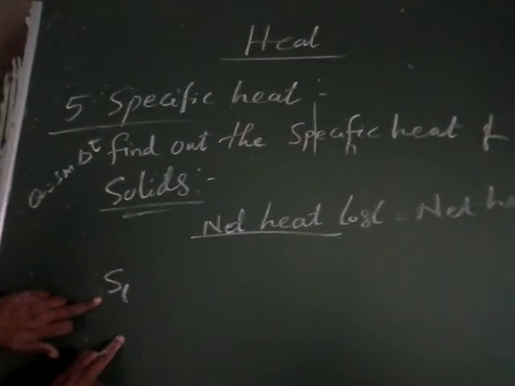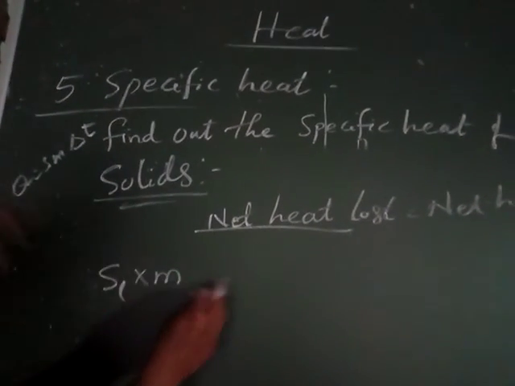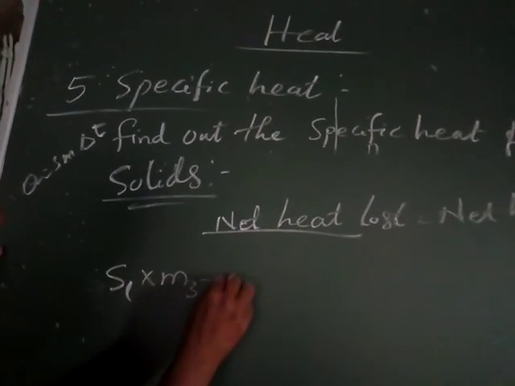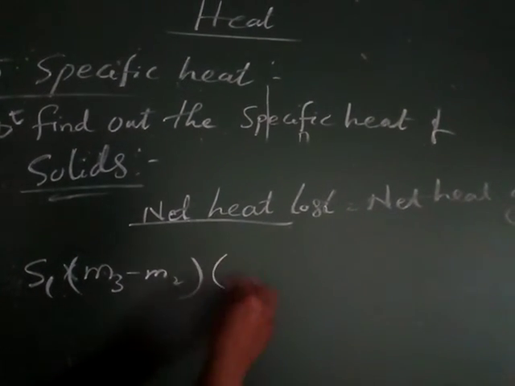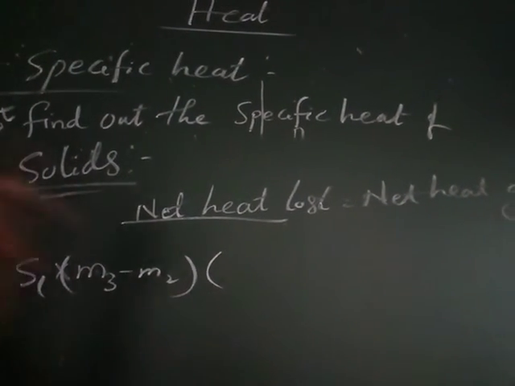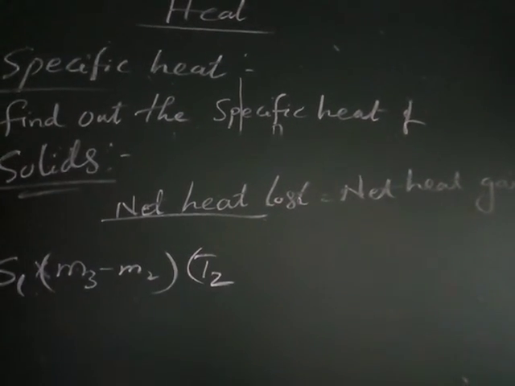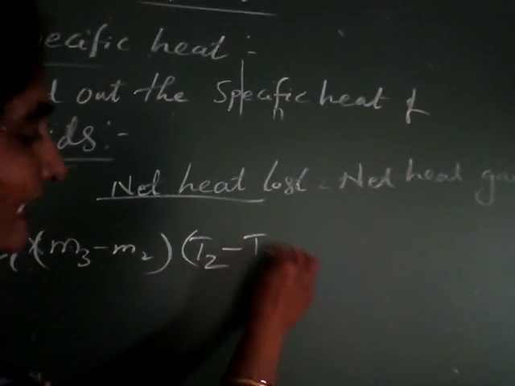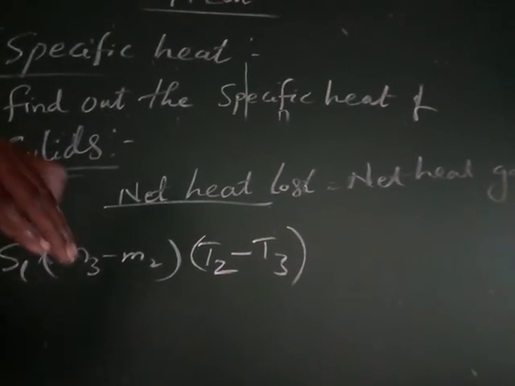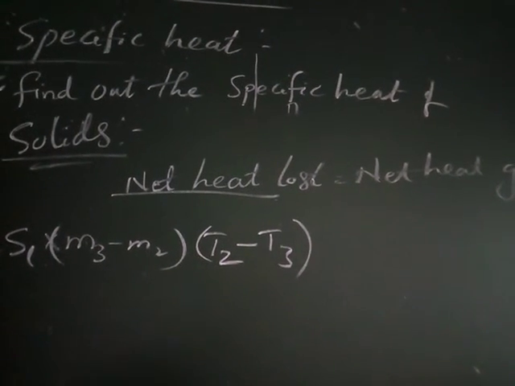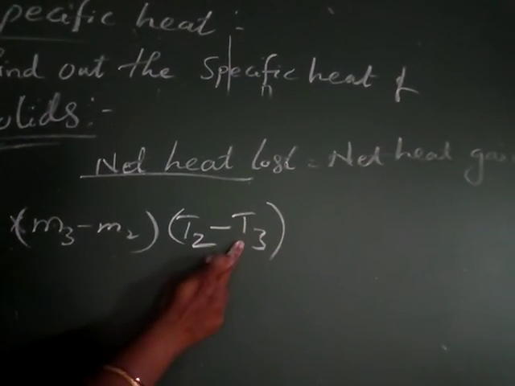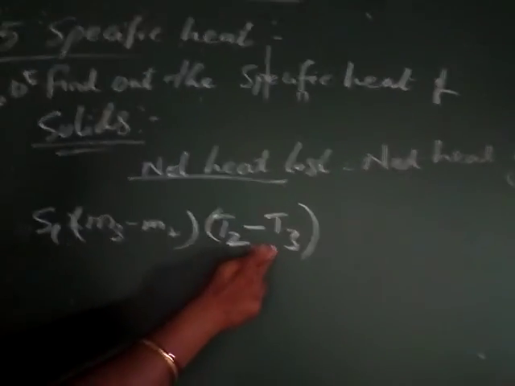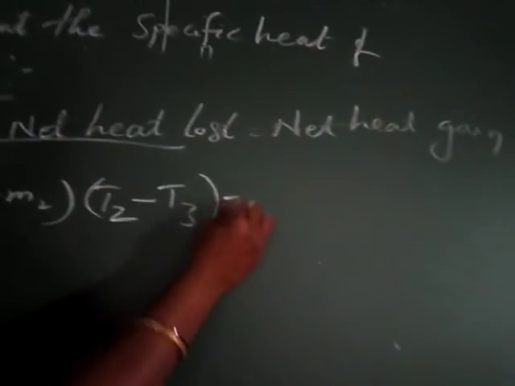Lead shards specific heat is SL. Lead shards mass is M3 minus M2. Delta T means the lead shards are at high temperature T2. Okay, it becomes T3 when we keep the lead shards inside the calorimeter. We will get the temperature staying at T3. That means the equilibrium temperature is T3. Okay, then this equals the net heat gain.